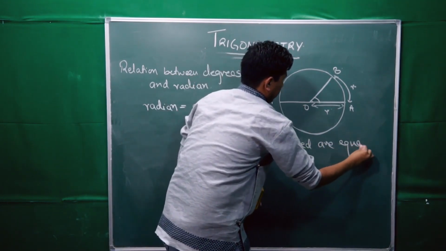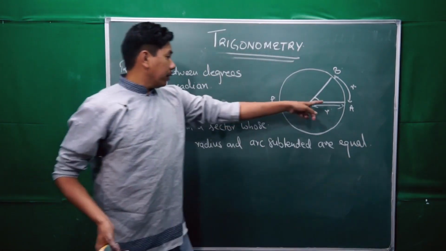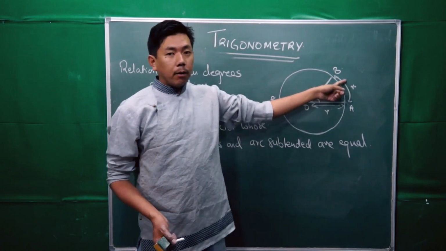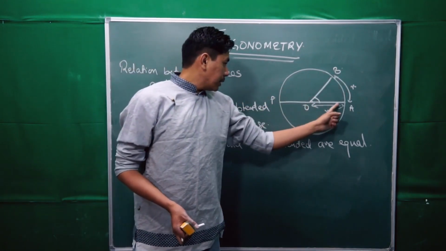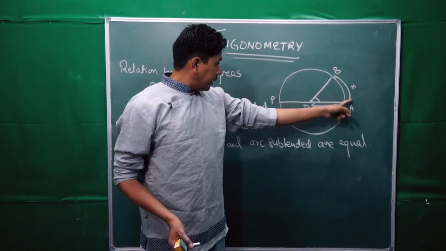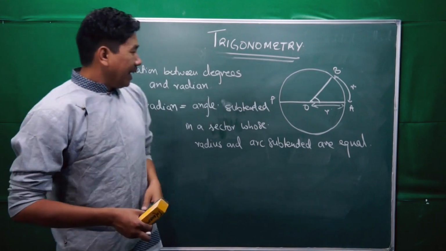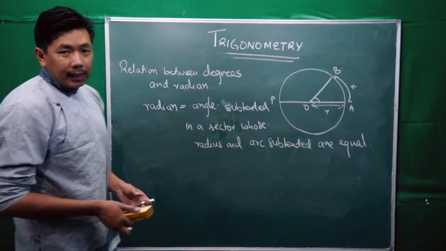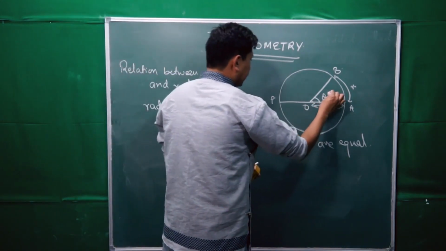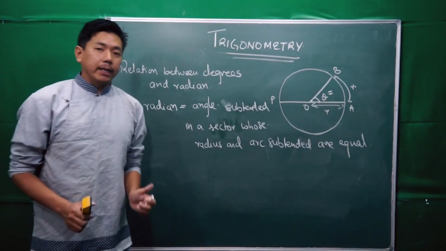What is happening is the radius r is being wrapped around the sector. This is also radius r, this is also radius r, and the arc's length is also r. That is the part that we are going to take. In that case, the angle theta that is being subtended is called 1 radian.